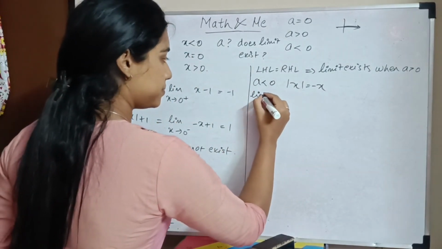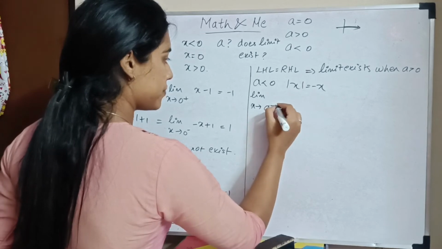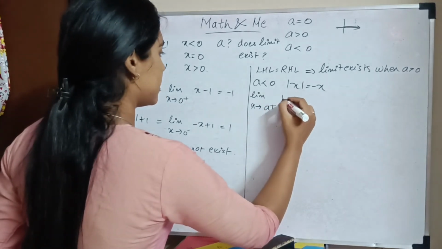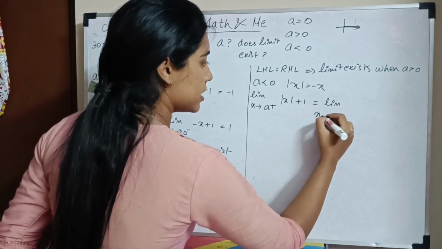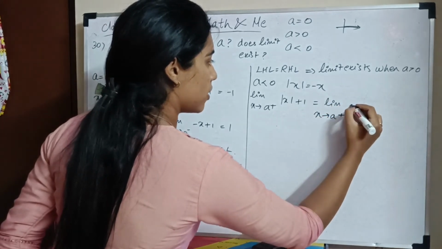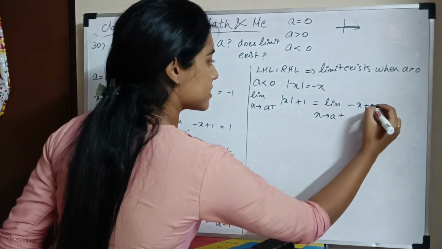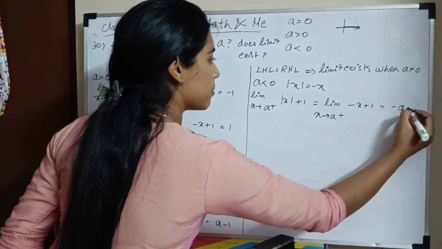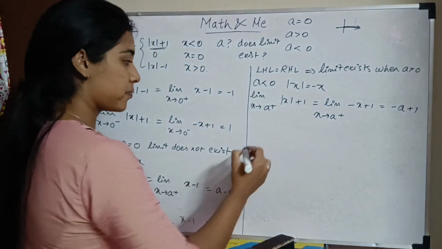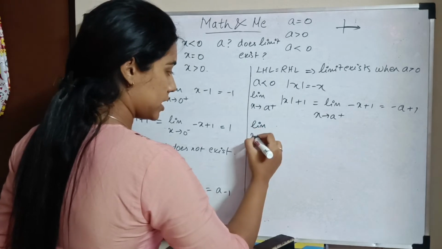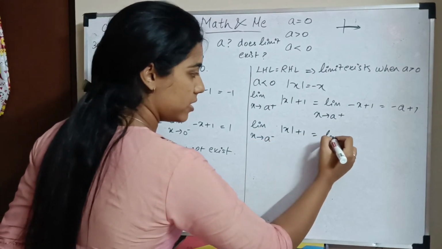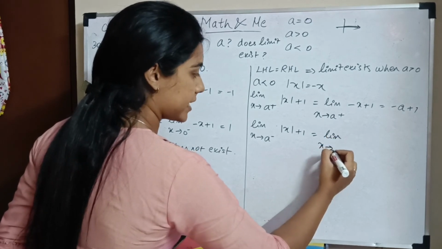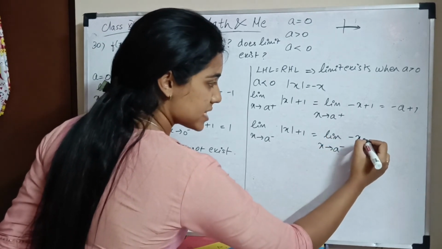So limit x tends to a plus of mod x plus 1 is limit x tends to a plus of minus x plus 1, which is minus a plus 1. Now limit x tends to a minus of mod x plus 1 which is limit x tends to a minus of minus x plus 1.